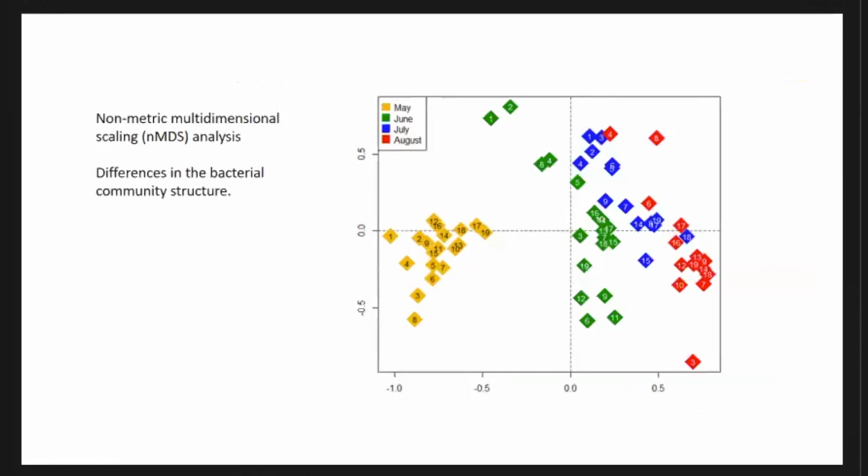And then if we do a non-metric multidimensional scaling analysis, we can see that bacterial community composition is rather different in May compared to summer, as you can see here in the NMDS analysis.